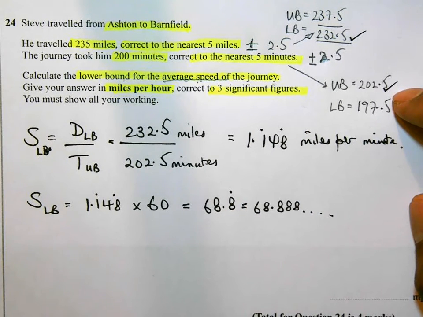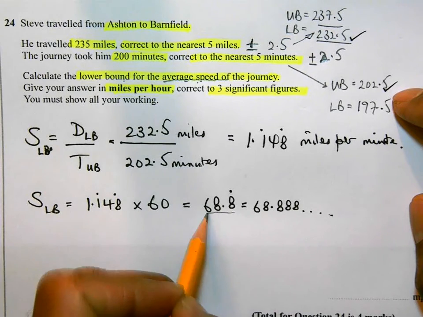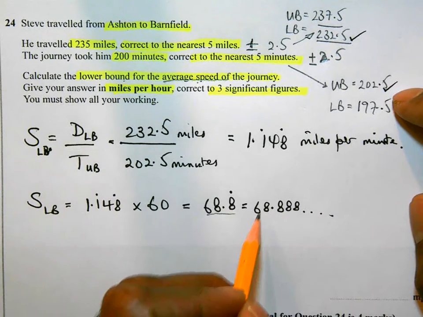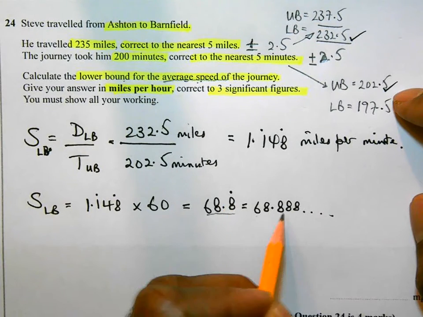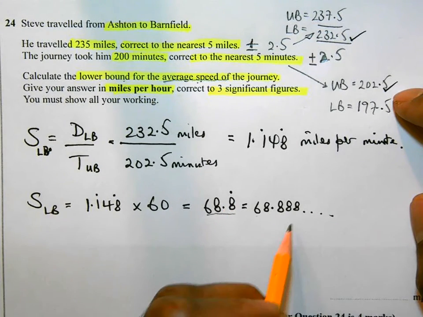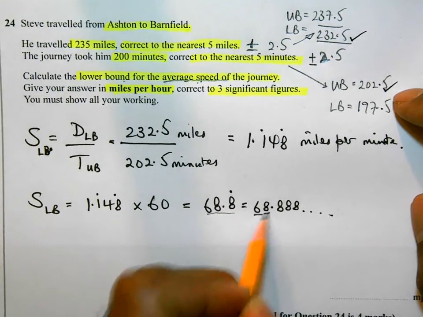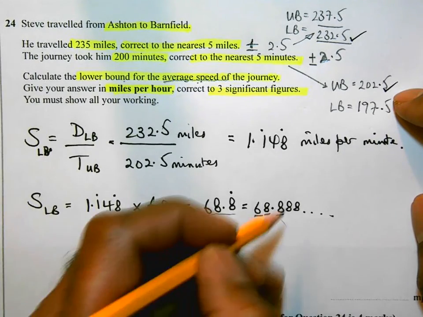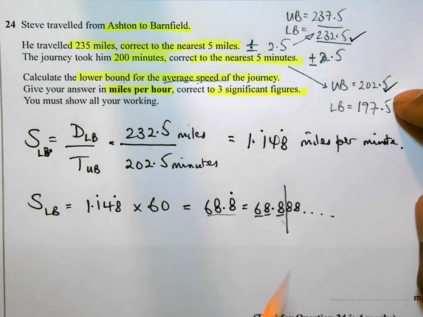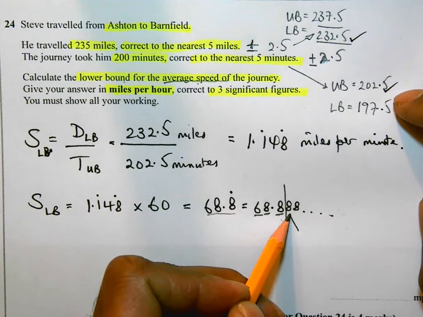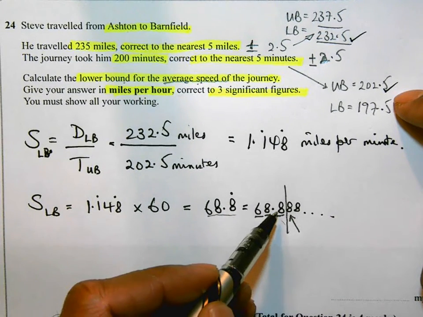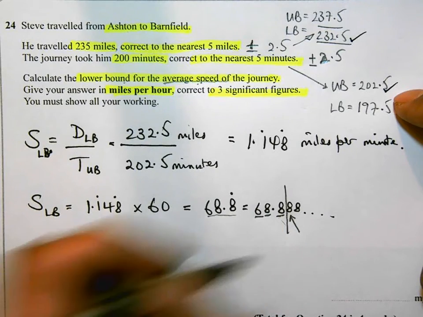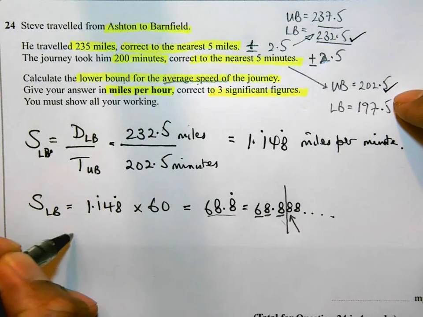Okay, so if you just left it like this and you wrote that in the answer space, that'd be incorrect. You need to recognize that 8 with the dot above it means 8888, carry on forever. Count 3 numbers from the front for 3 significant figures, 1, 2, 3. Chop it off there. Notice that the next number along is an 8, and so that's going to become 68.9 to 3 significant figures.